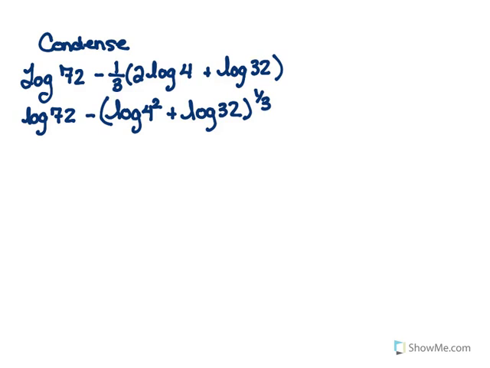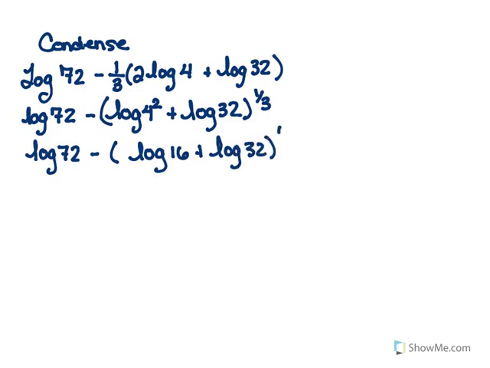Let's go on the inside here: we've got log 72. See how I show all my steps? It's so important. So I've got 4 squared, so that's log of 16 plus log of 32 to the 1/3.